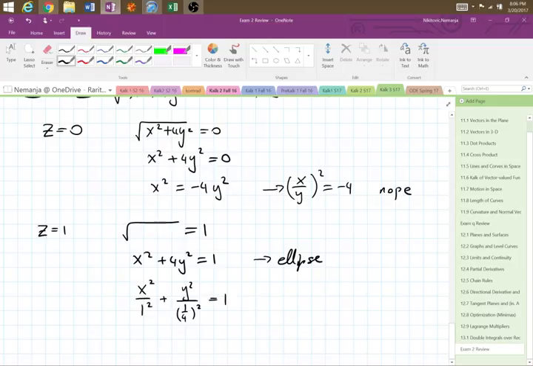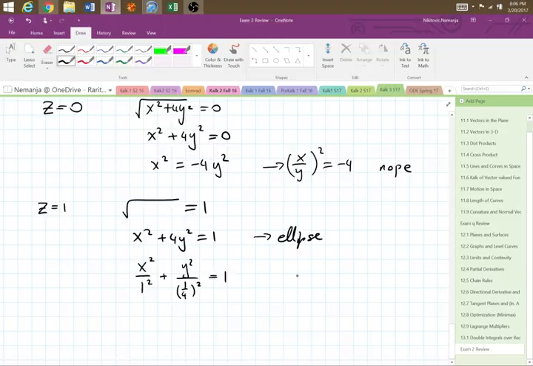So this level curve here is going to be wide on x and narrow on y. You get 1 unit in the x direction and 1/4 unit in the y direction to graph this ellipse.